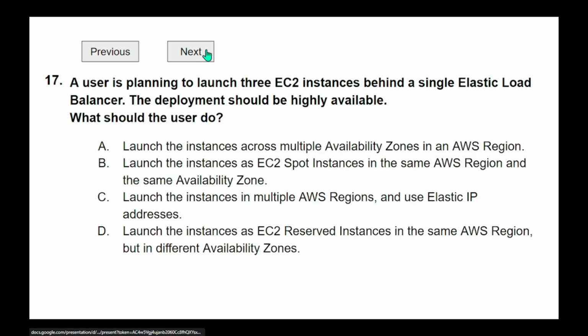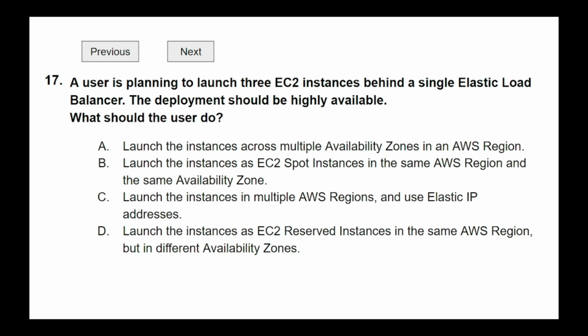Question 17. A user is planning to launch 3 EC2 instances behind a single elastic load balancer. The deployment should be highly available. What should the user do? Option A, launch the instances across multiple availability zones in an AWS region.